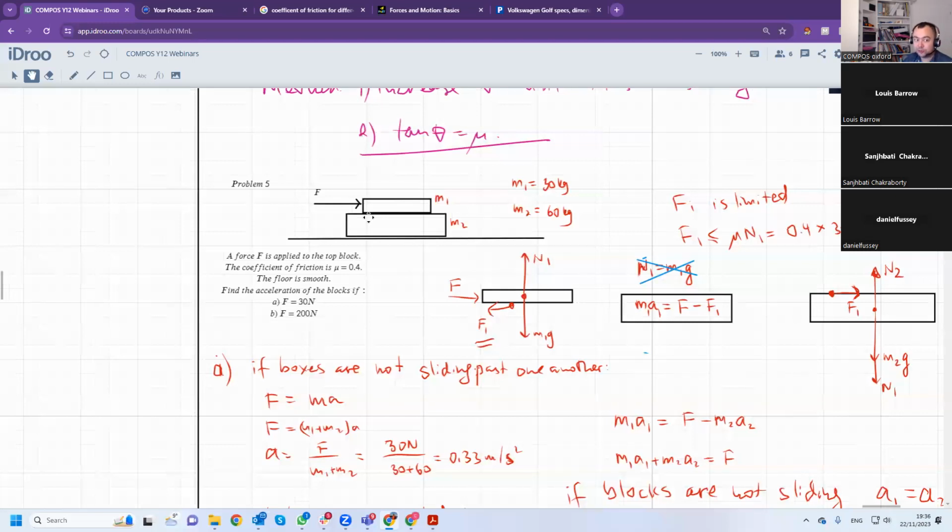It's limited by the friction force between the blocks, and the top block moves faster. So basically they slide past one another. I hope that makes sense. I have to finish here. Thank you for your attention.